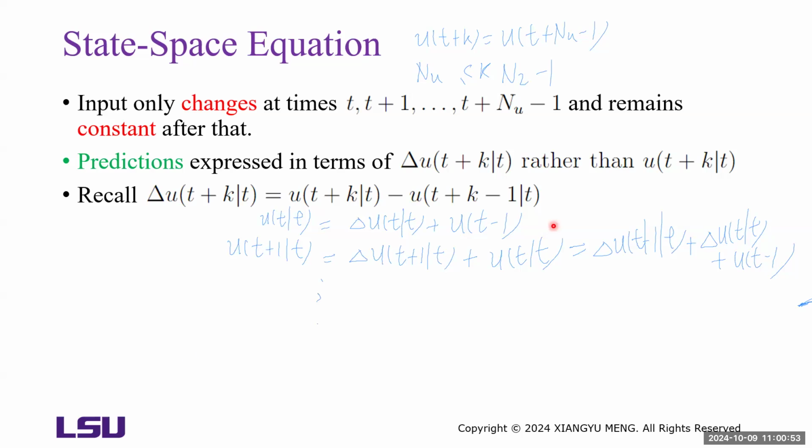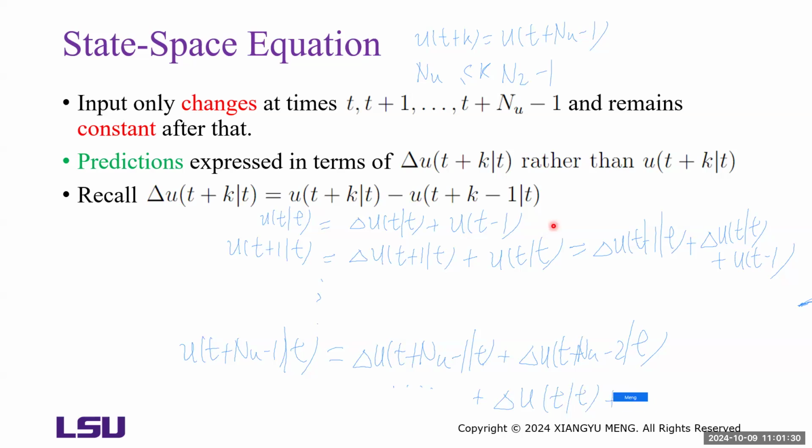So u(t+nu-1|t) will be delta u(t+nu-1|t) plus delta u(t+nu-2|t), and so on, until delta u(t|t) plus u(t-1).